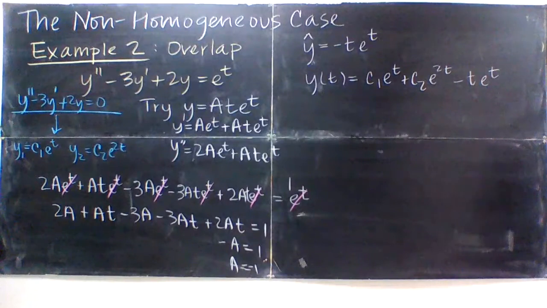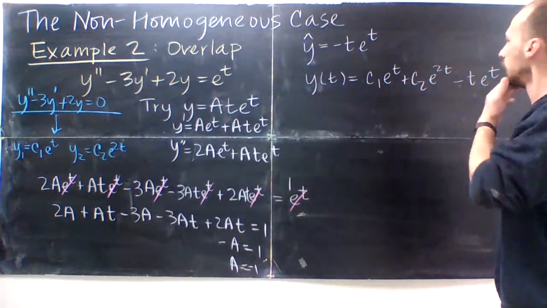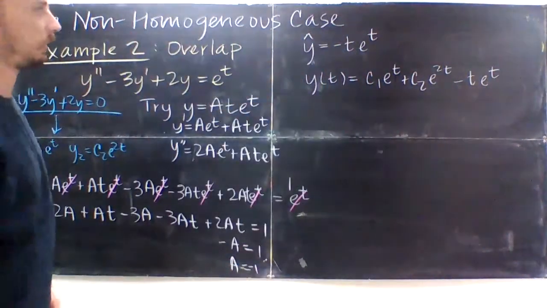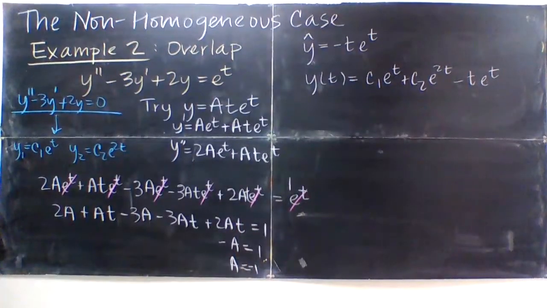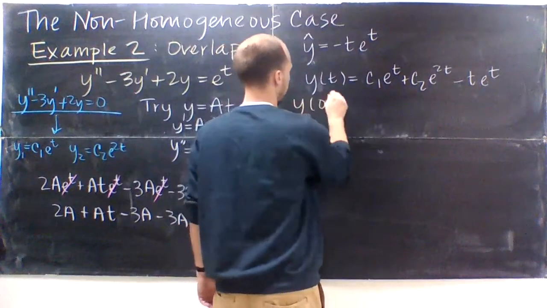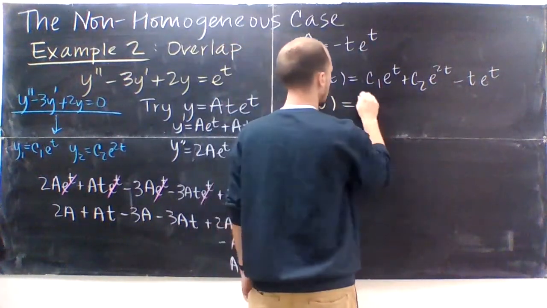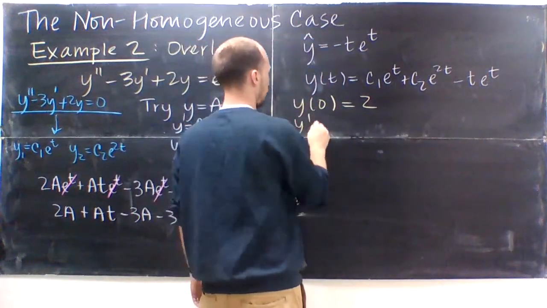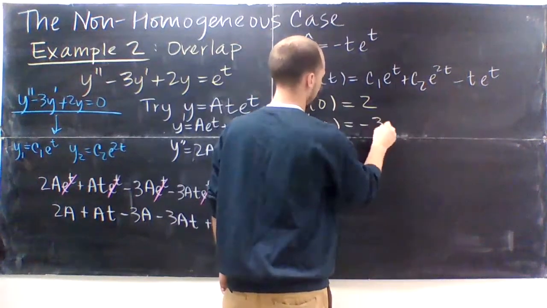Okay. And if I have some sort of initial conditions, probably want to work with t equals 0. So, if, for instance, they gave us initial conditions like y of 0 equals 2 and y prime of 0 equals negative 3.